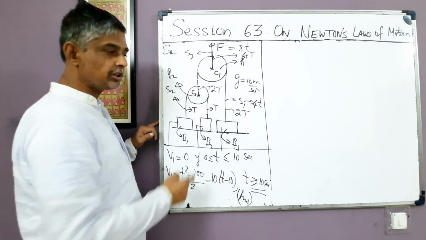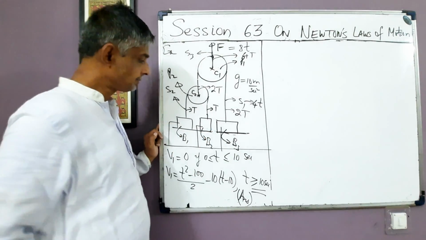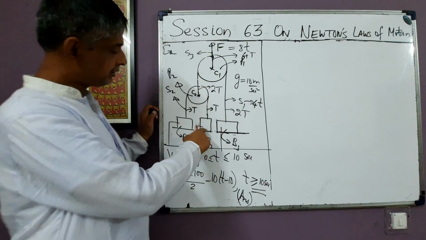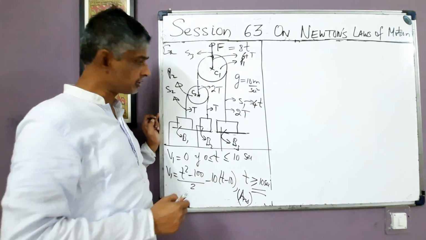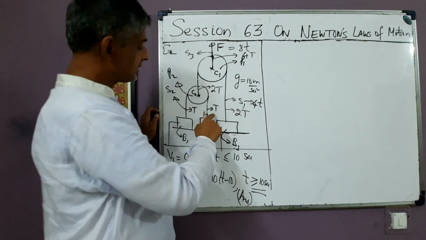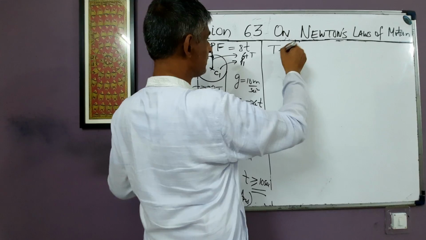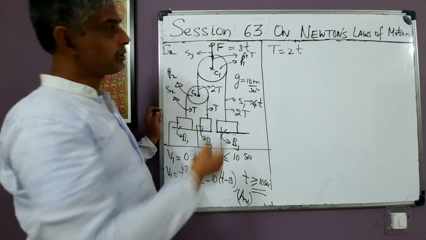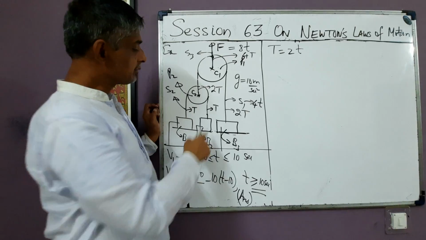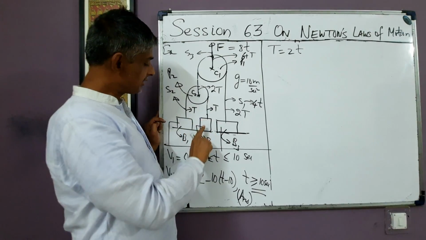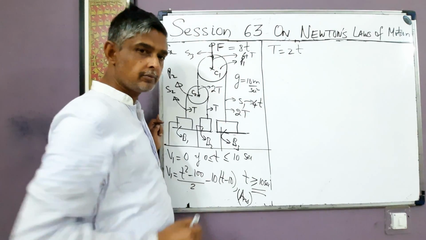Mass of B2 is given to be 3 kg. Now see, weight of B2 is 3g, 30 Newton in downward direction. T is here equal to 2t as I've just now found. So as t goes on increasing, T also goes on increasing. A stage comes when tension T just exceeds the weight 30 Newton of this block B2. At that instant, block B2 begins to accelerate upward.